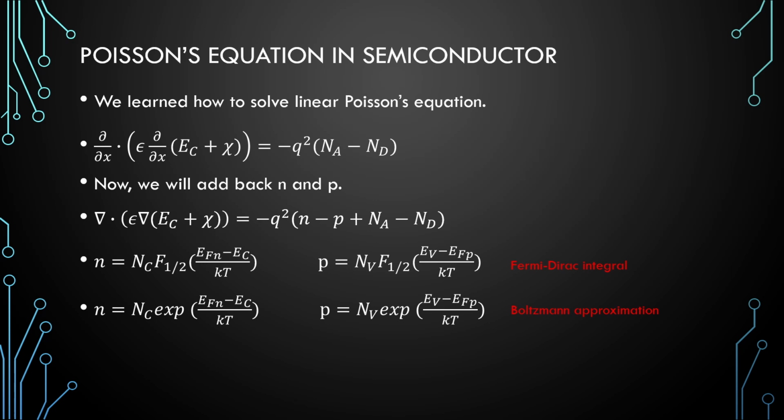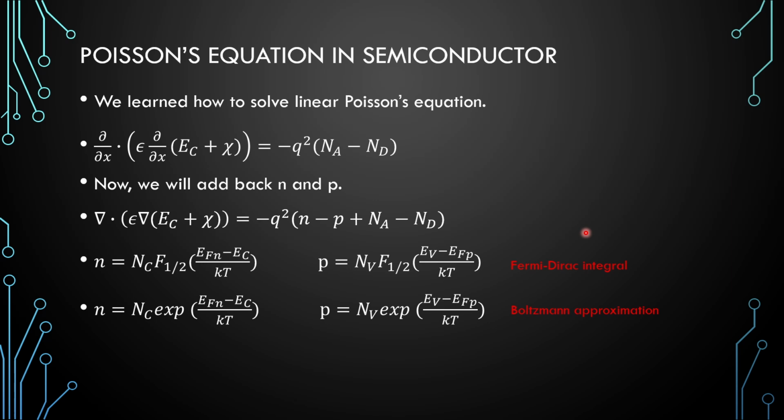In the previous lecture, we learned how to solve the linear Poisson's equation, where we neglected N and P and assumed complete ionization. In this lecture, we will add back N and P so that we get the complete form of the Poisson's equation in semiconductor.